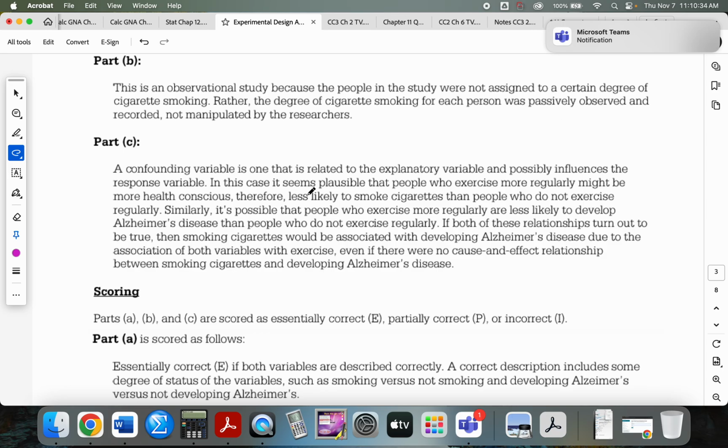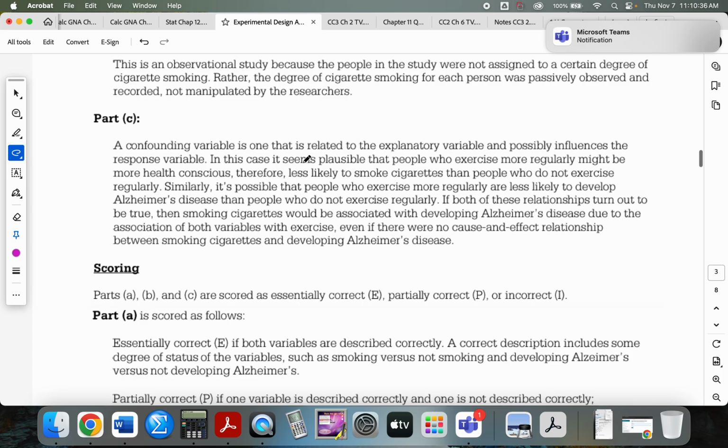All right, and here there's a nice little paragraph about confounding variable to start with. I wouldn't expect a student to write this, but this is what they said. A confounding variable is one that is related to the explanatory variable and possibly influences the response variable. Okay, so like we would talk on this one about exercise.